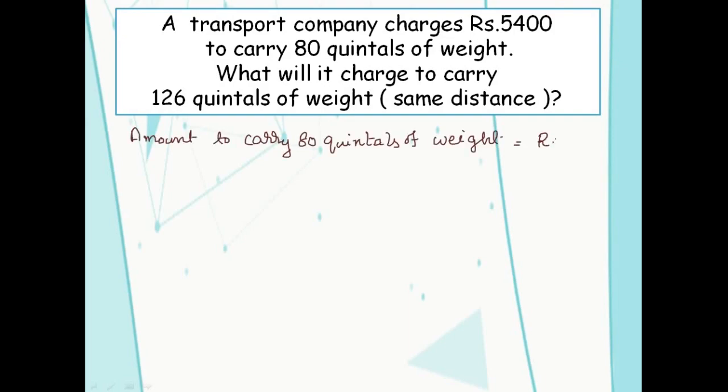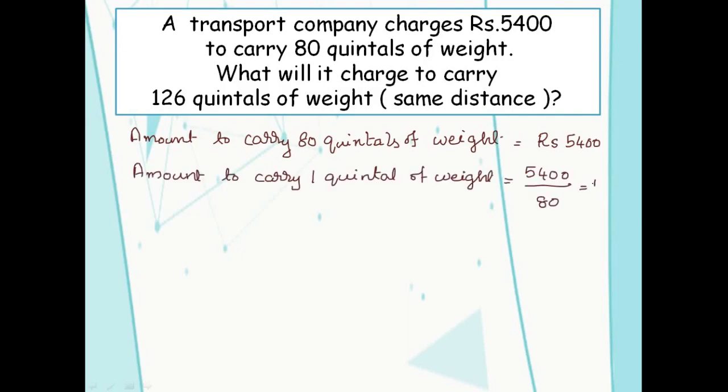Equal to rupees 5,400. Now, how to find the amount to carry 1 quintal of weight? Correct. 5,400 divided by 80. It is equal to rupees 67.5.